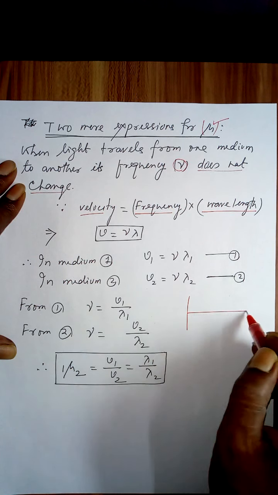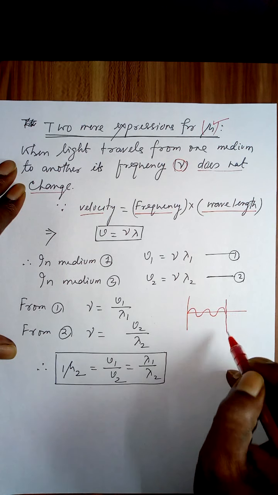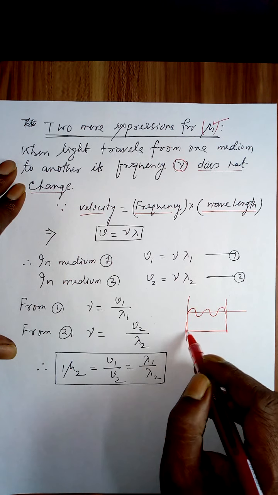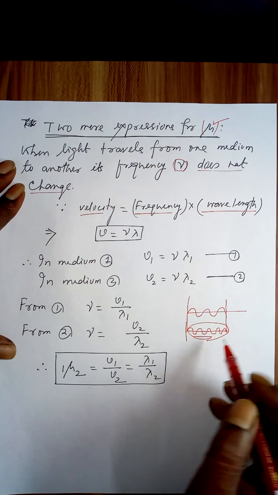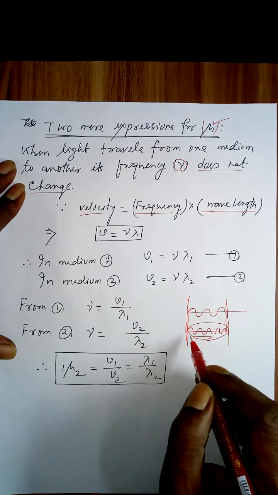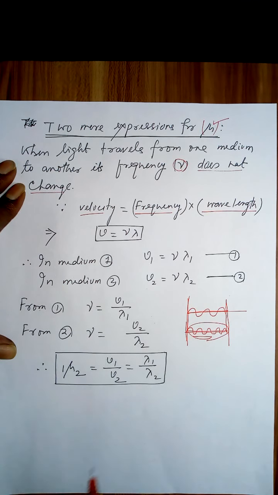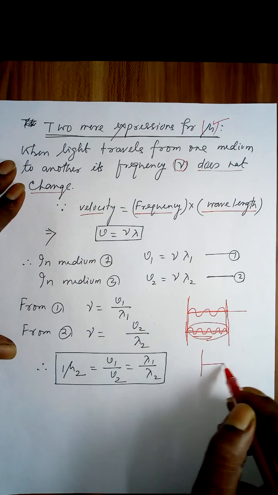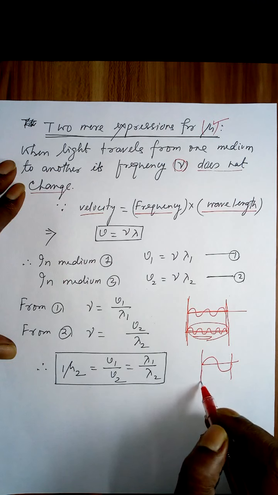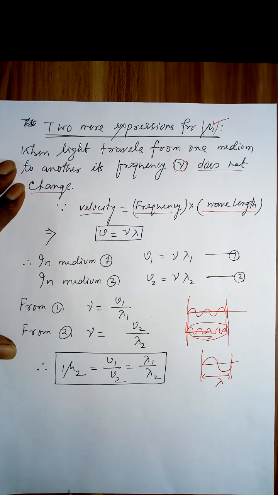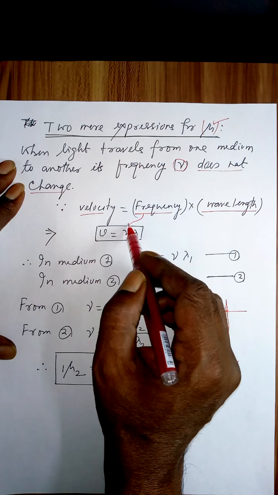Now, if you look at this wave and if you look at this wave, the frequency of this is more, because more number of vibrations are contained in this length. Here the less number of vibrations are contained. And what is wavelength? That is from this point to this point, called wavelength. So velocity v is equal to nu lambda. For frequency I am using the symbol nu.